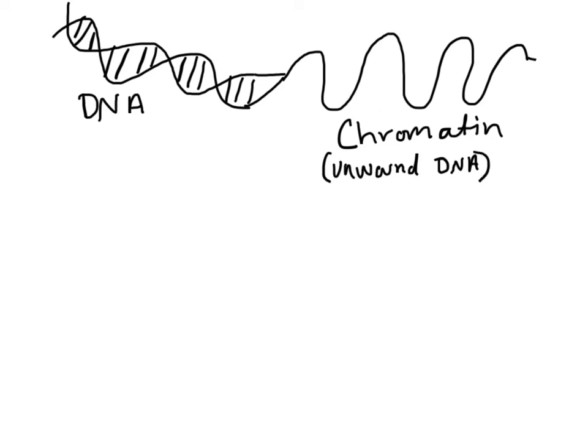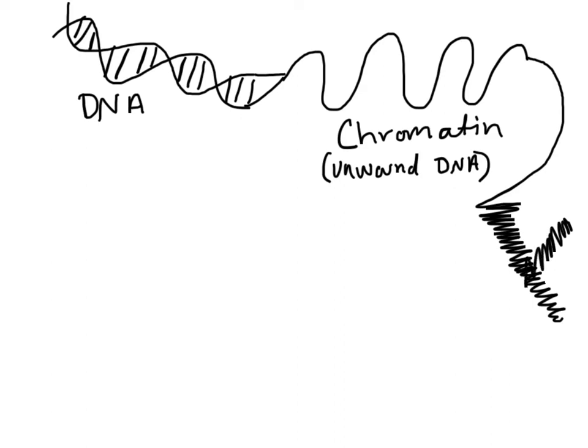When does DNA start compacting? Right about there. And what is that in the cell cycle? Perfect. These are chromosomes.